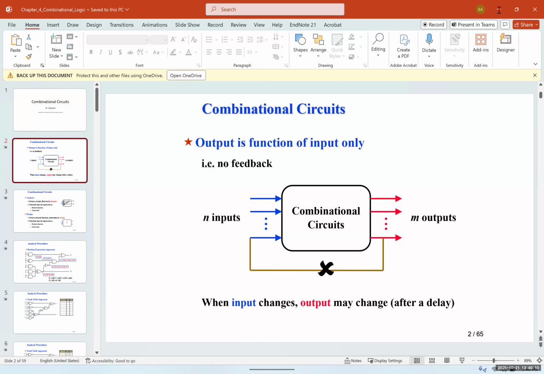So what is a combinational circuit? A combinational circuit is a circuit that has no feedback, it has no memory, meaning the output depends on the input at that time.